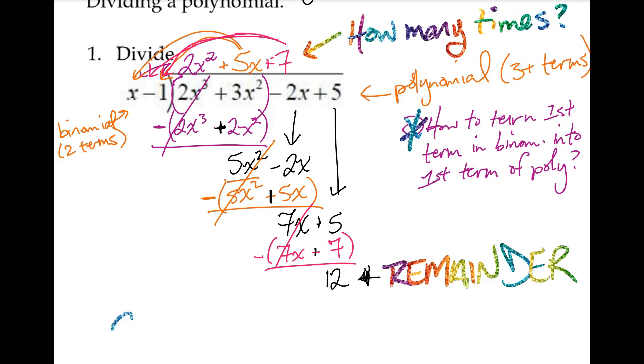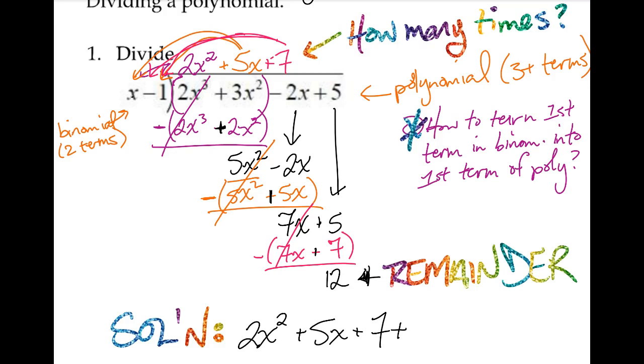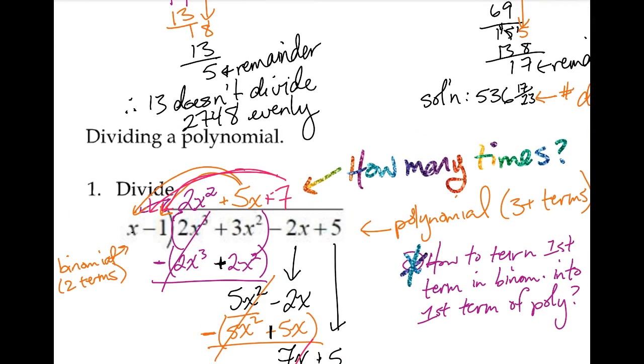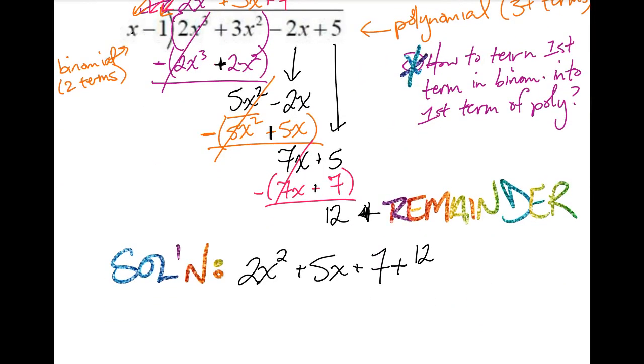Okay, so our whole solution then would be this whole piece up at the top, 2x squared plus 5x plus 7, plus we need to include that remainder, but just like up here, how we had to include the denominator still, include the number we were dividing by, we would still include that piece here.